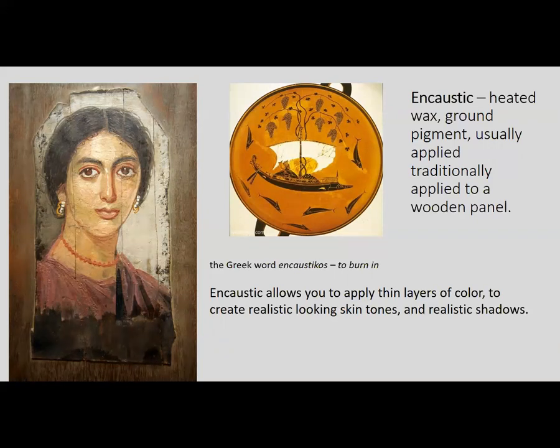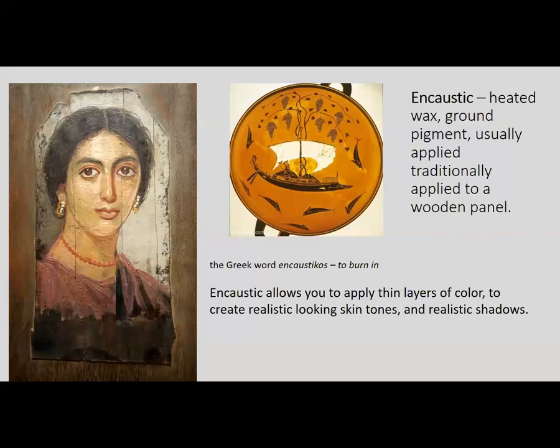So they started mixing that wax with pigment so they could do colorful paintings on their boats. The word encaustic comes from a Greek word, enkaustikos, which means to burn in. It allows you to apply really thin layers of color to create realistic skin tones and realistic shadows.